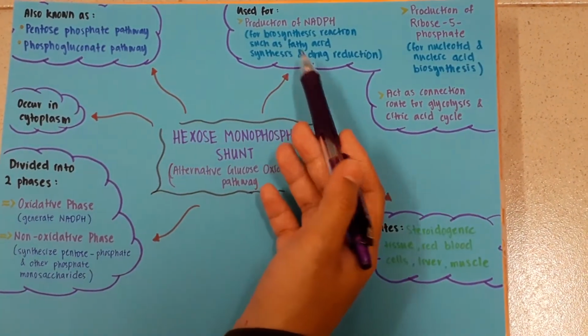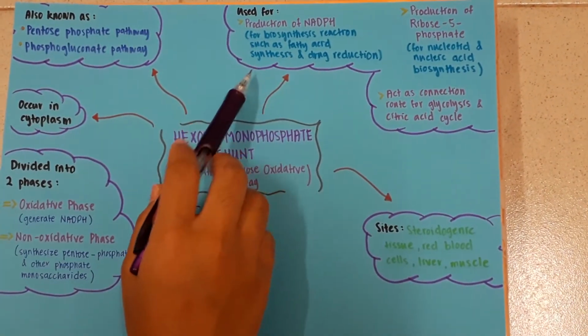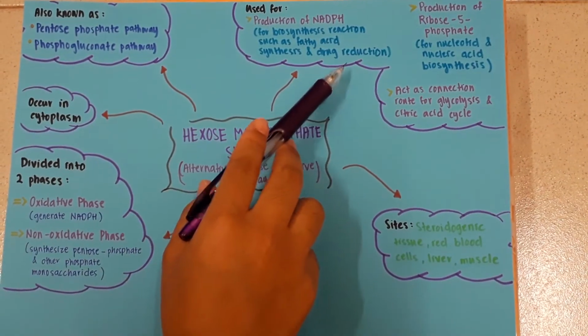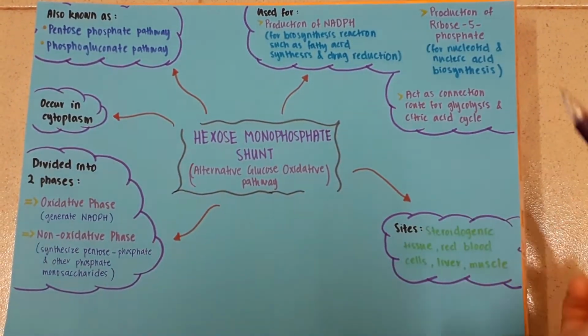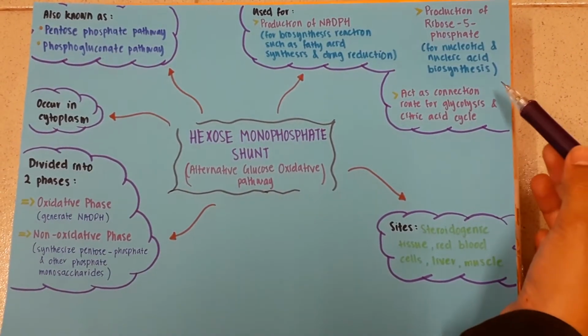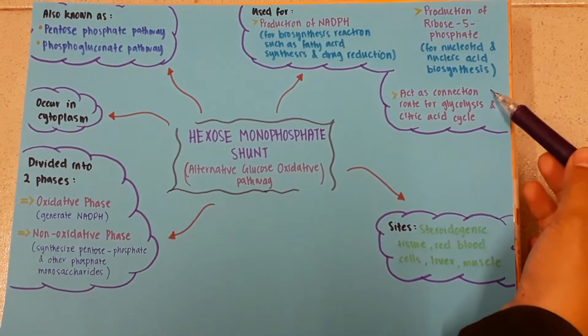The production of NADPH is for biosynthesis reactions such as fatty acid synthesis and drug reduction. And the production of ribose 5-phosphate is for nucleotide and nucleic acid biosynthesis.